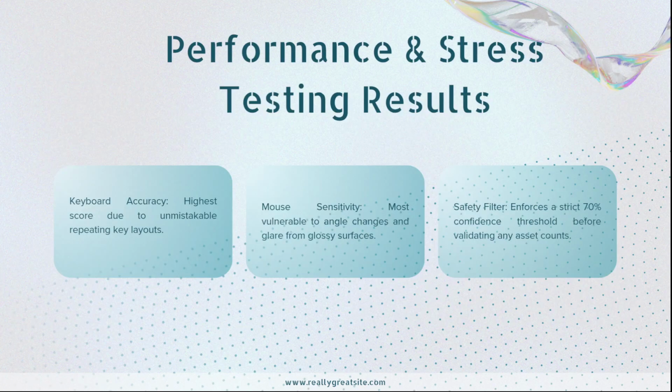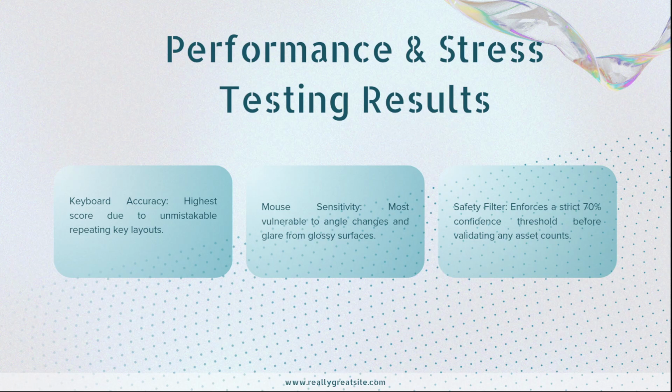We stress test our completed deep learning model by passing entirely unseen images across 5 separate testing scenarios. Our data results show that the keyboard class maintains the highest accuracy because its repeated keycap grid is incredibly easy for conventional layers to isolate. The mouse class was the most sensitive to drops in performance under low light and clutter.